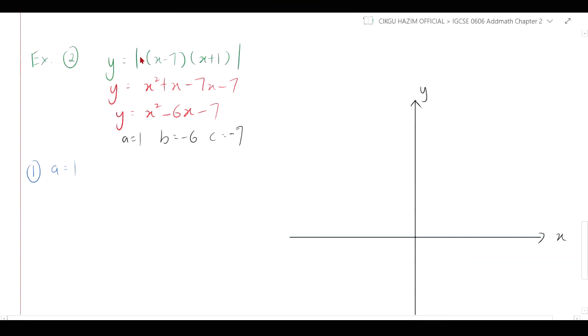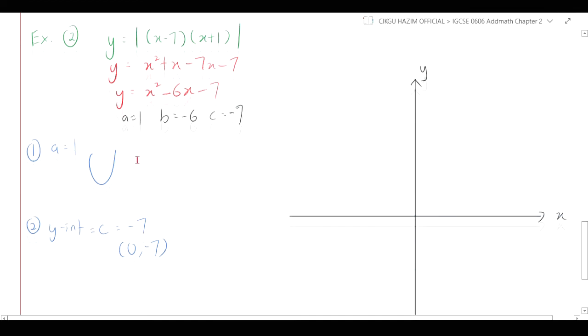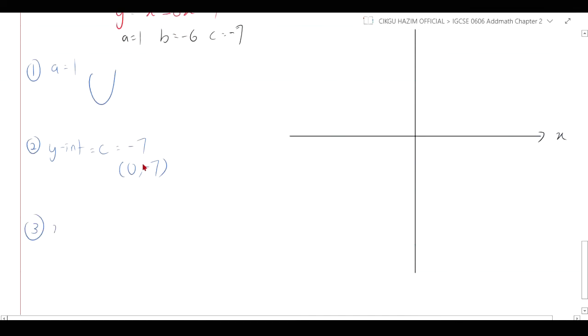Alright, so a equal to 1, it must be smiling. That's number 1. Number 2, y-intercept. Y-intercept equals the c value, and c value equals negative 7. So it's (0, -7). Okay? And then after that, the x-intercept. For the x-intercept, I need to use the calculator.